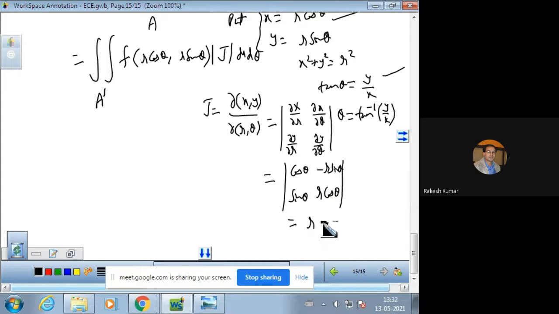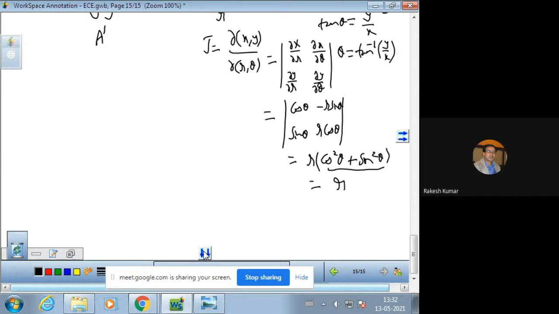Expand the determinant, you will have r cos square theta plus sin square theta. r will be common. So this is r, because this is the identity and its value is 1. Now it means you can use the value of Jacobian as r. So when we shall evaluate the integrations, you can ultimately use these values.